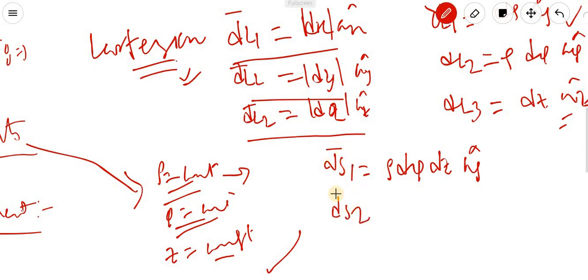ds2 in the direction of phi means d rho dz, in this way.